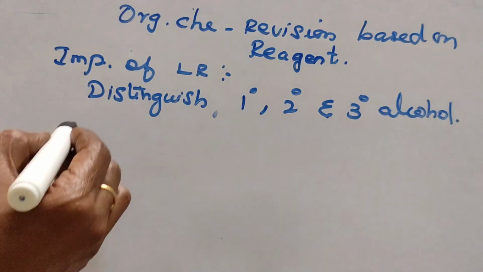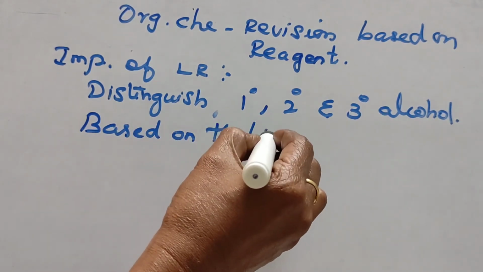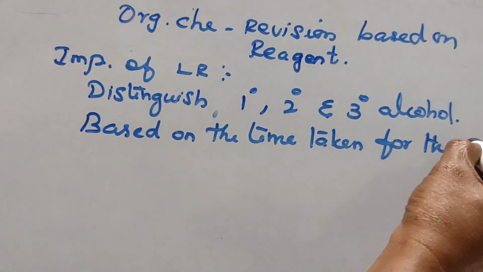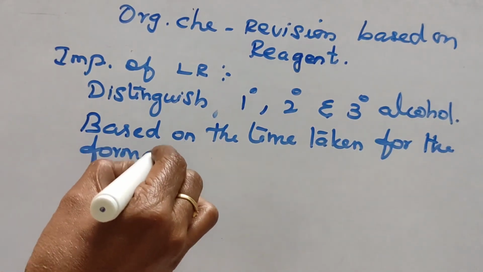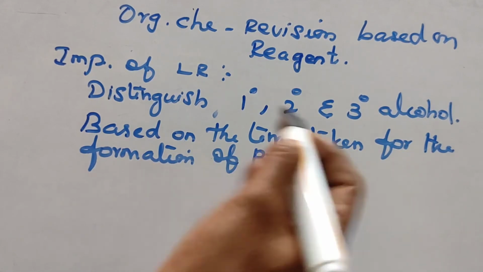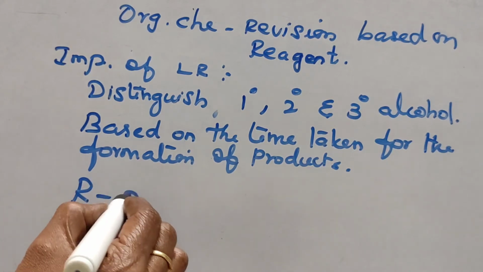Based on the time taken for the formation of product. First let us take primary alcohol, ROH.